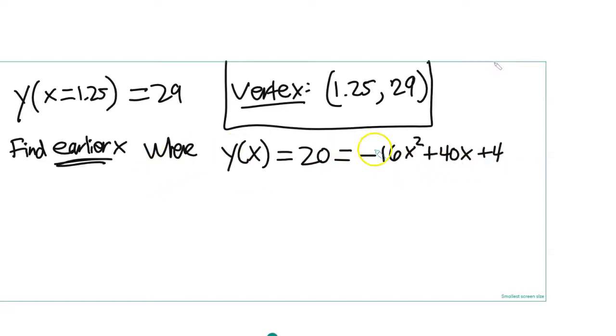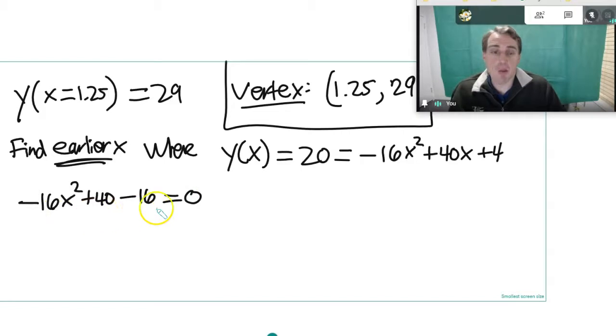So I'm going to find the earlier x. Now, in order to do that, we need to solve. So we need to get 0 on one side, right? So we need to subtract what from both sides? Exactly. Subtract the 20. Very good. So this would be minus 16 equals 0.